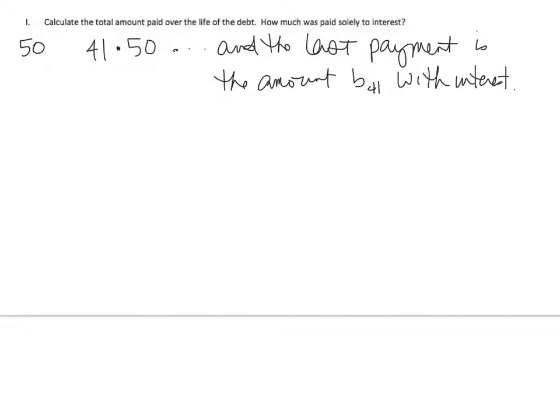So we have 50 times 41 plus the last payment. If we go back to our recursive formula to see what that last payment would look like, it's 1 plus I times B41. So let's do a little math. 2,050 plus, remember this is R.